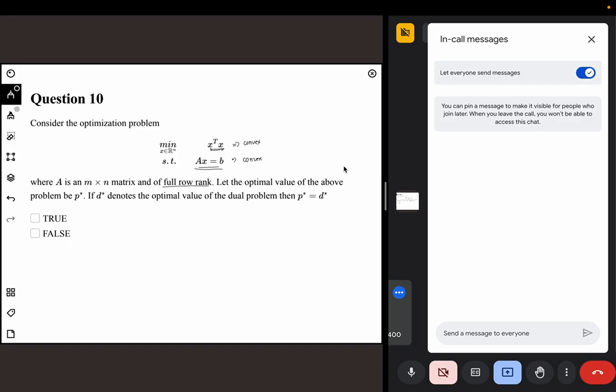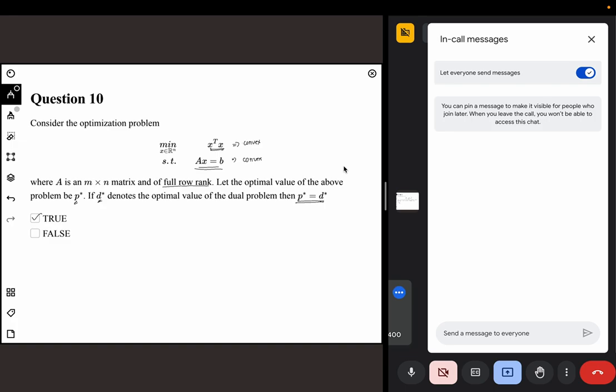If the primal optimal is P star and the dual optimal is D star, then both of them will be equal. This is essentially the concept of strong duality that we discussed. Whenever you have a convex function with a convex constraint, that will always be true. Without the convex constraint, we can only come up to the concept of weak duality.